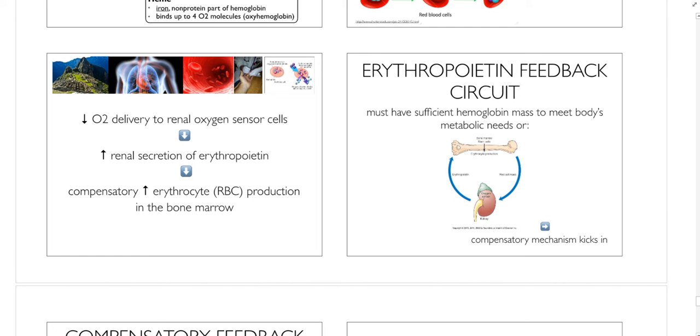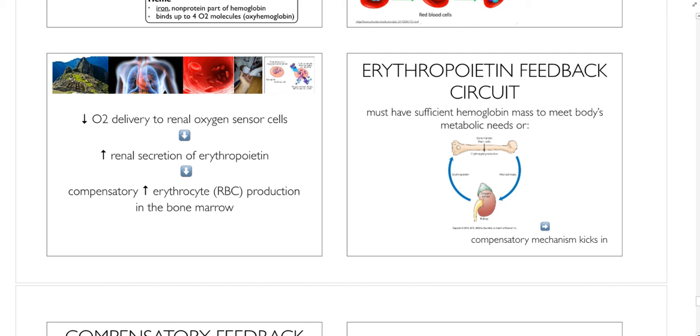If our body has a decrease in red blood cells, we're going to express that as a lower level of O2 delivery to the tissues. That includes a lower O2 level delivered to the kidneys and certain sensor cells within the kidneys.